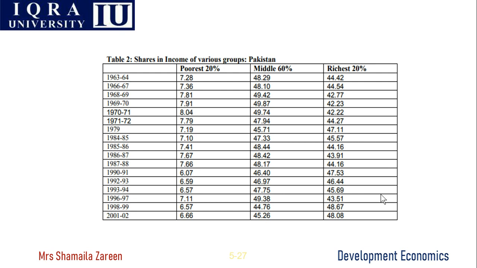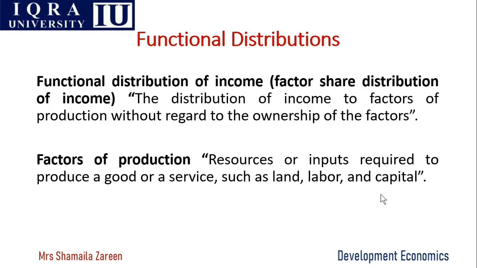For further information, you can go through the site of the Economic Survey of Pakistan or Ministry of Finance 2018 to 2019, and you can take the current values of the poverty of Pakistan, and see what the factors are which are contributing to the poverty, and what measures have been taken by the government to reduce the poverty.